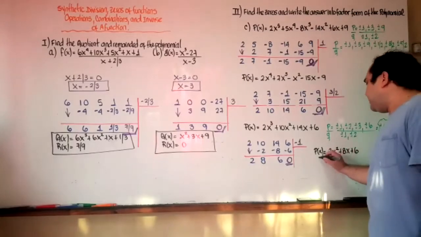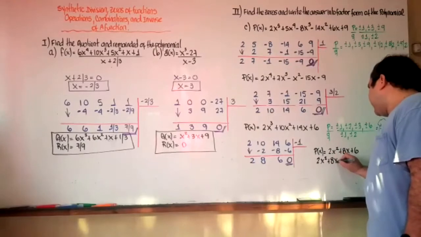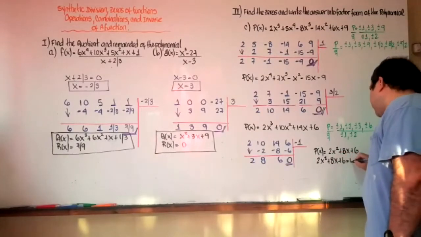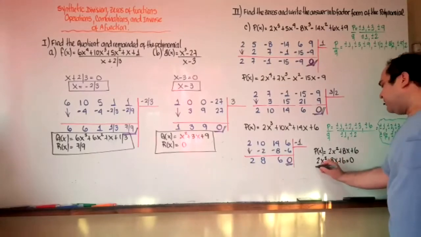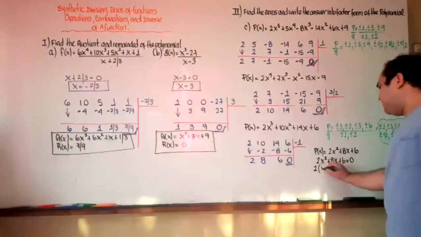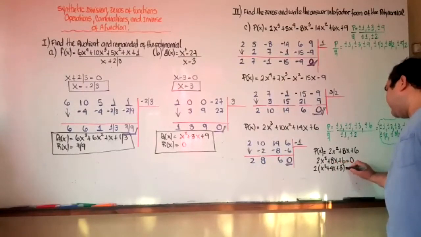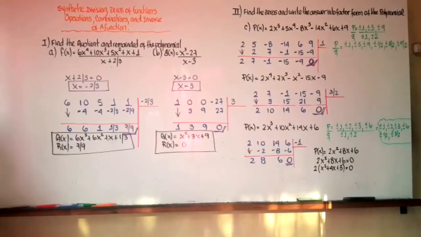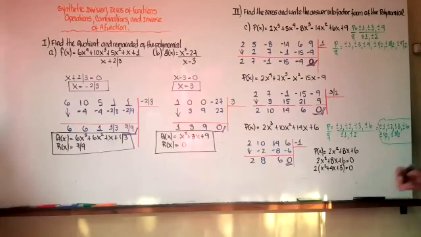And we have 2x squared plus 8x plus 6 equals 0. And actually, we can take the common factor, number 2, and factorize this expression as 2 times x squared plus 4x plus 3 equals 0. Because this number 2 is multiplying, it passes to divide, and 0 divided by 2 will be 0.